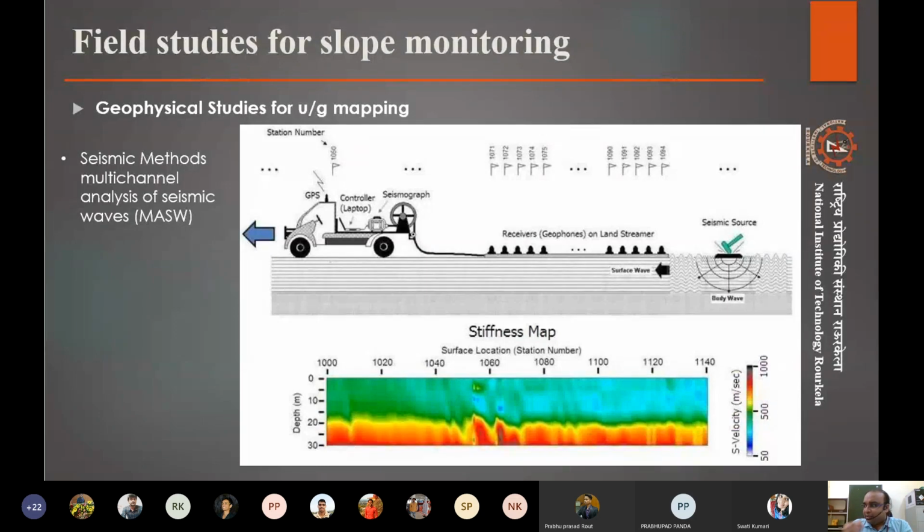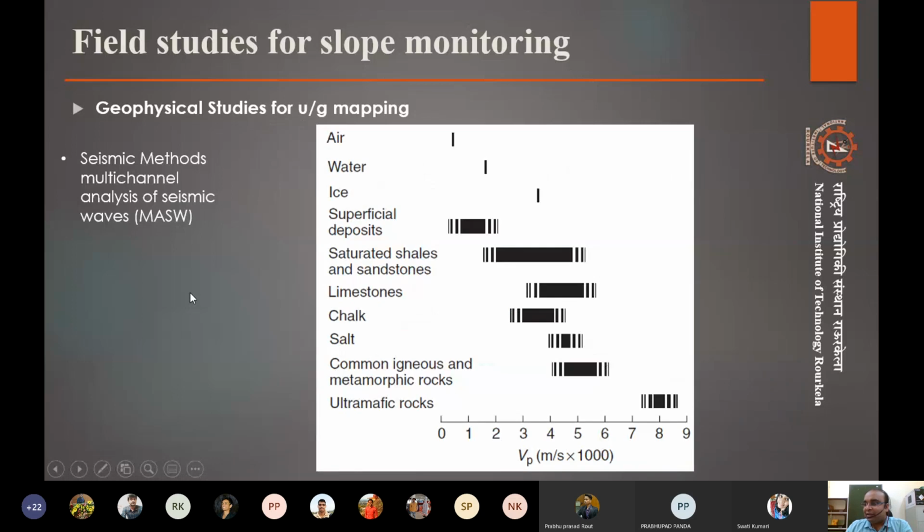As I was saying, all materials have some characteristic wave propagation velocities, right? This chart also suggests the same thing. This Vp is basically the primary wave velocity. The primary wave is a ground wave, and it is generally faster.